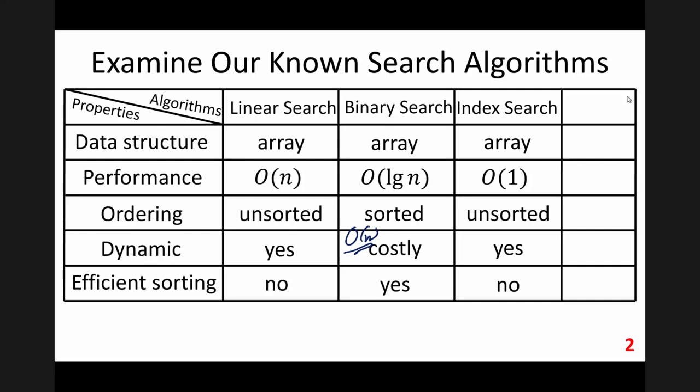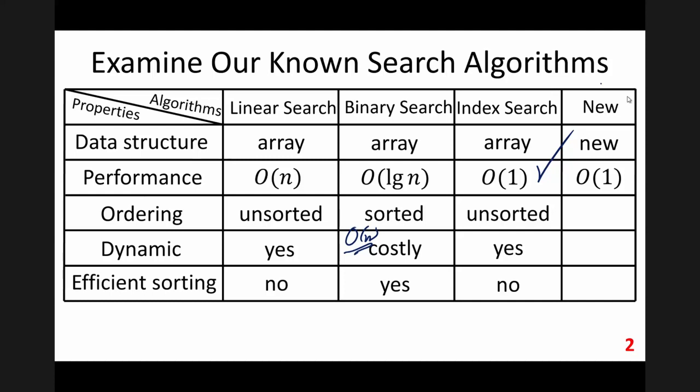Then for the new search algorithm, what do we want to have? New data structure, we need to design. Performance: we would like to have big O of 1 performance, because it's possible here. You can see it's possible. So we try to get a similar performance.